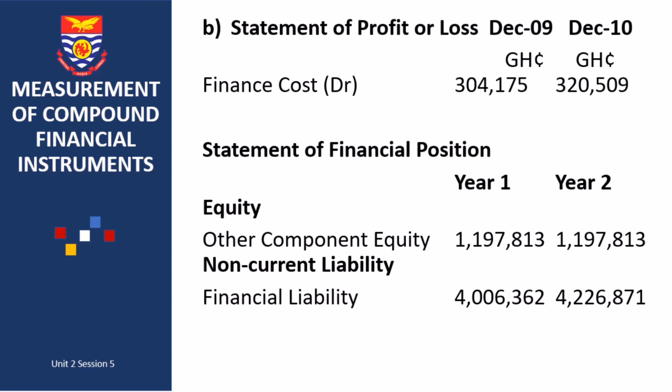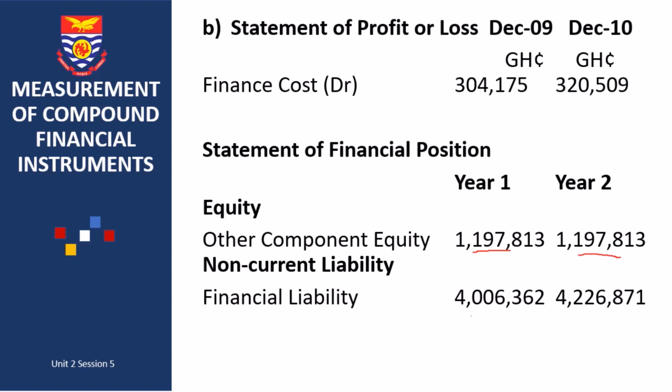When it comes to the statement of financial position, the equity remains the same. So the splitting, you bring that same figure for year 1, it will be the same for year 2. That one is not changing.